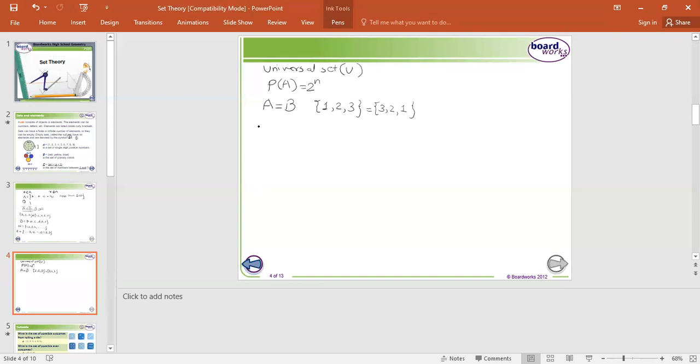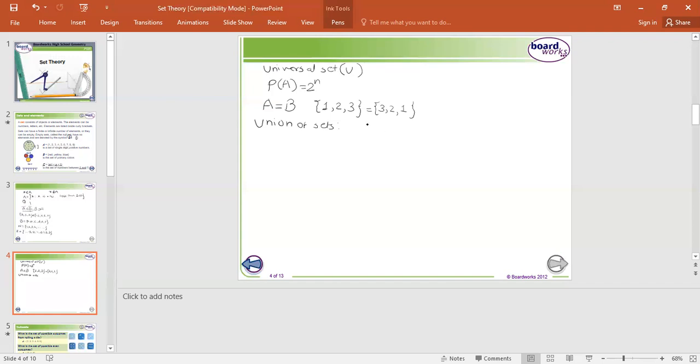Next, we will see the union of sets. If A and B are any two sets, then the union of sets A and B is the set of all the elements which are either from the set A or from the set B or from both sets.